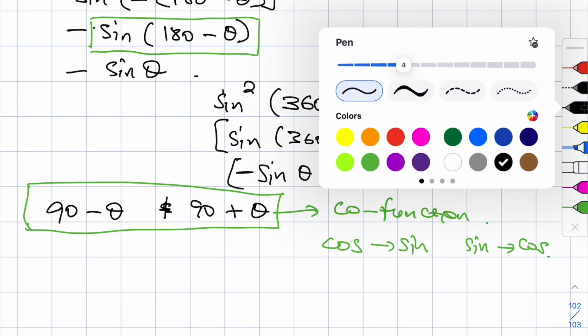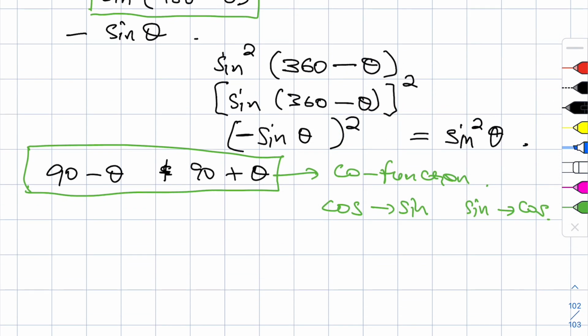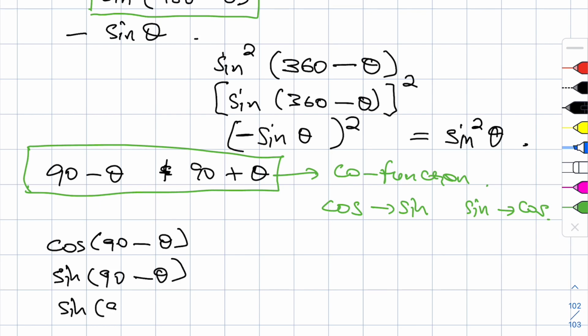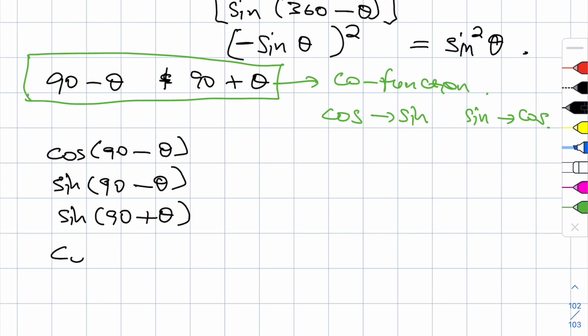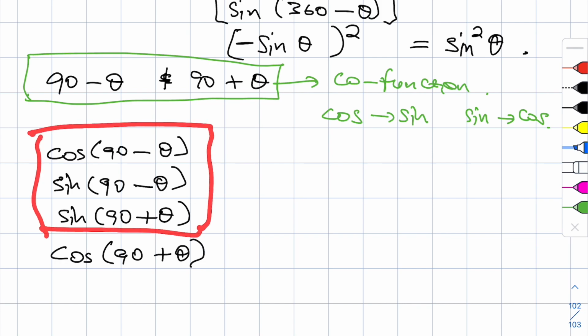So let's look at this. You have cos 90 minus theta, sine 90 minus theta, sine 90 plus theta, and then lastly cos 90 plus theta. For these, all of them just change to a co-function.